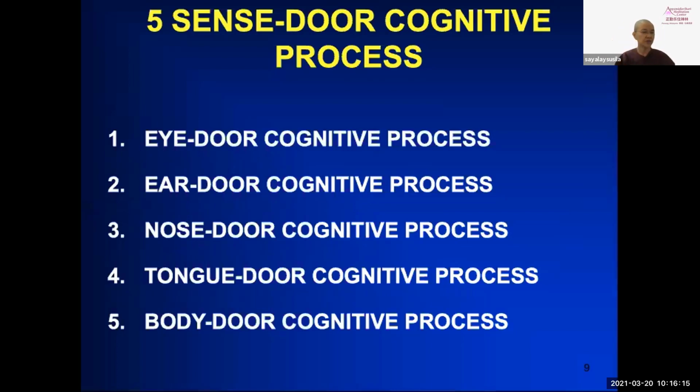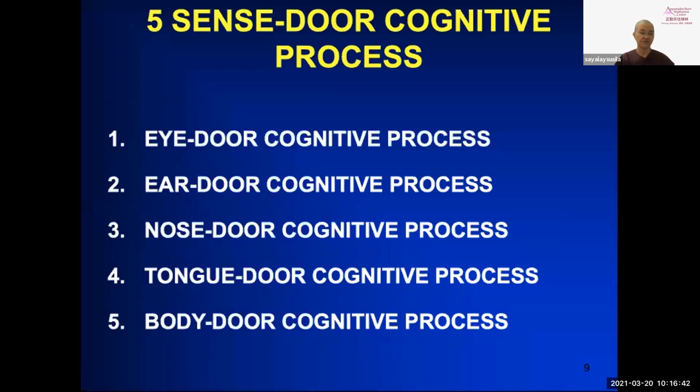So there are 5 door cognitive processes: eye door cognitive process, ear door cognitive process, nose door cognitive process, tongue door cognitive process, body door cognitive process. Okay, each of the 5 doors, this we call 5 door. Each of the 5 door cognitive processes takes its respective object.